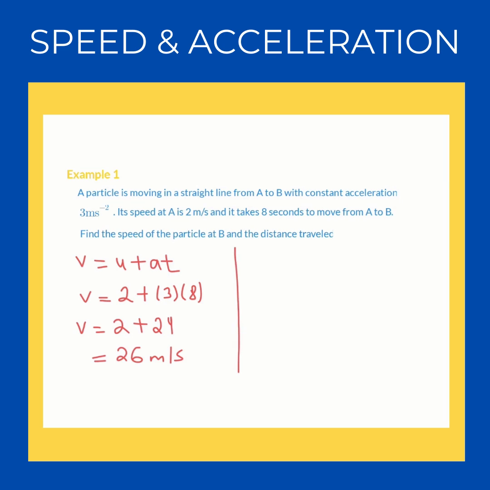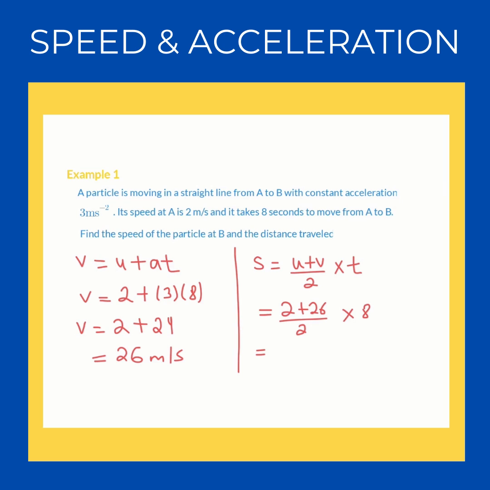Now, if I want to find the distance traveled s, it is equal to the average speed, which is u plus v over 2, times the time. So the average speed is u plus v, which is 2 plus 26 over 2, times the time, which is 8.